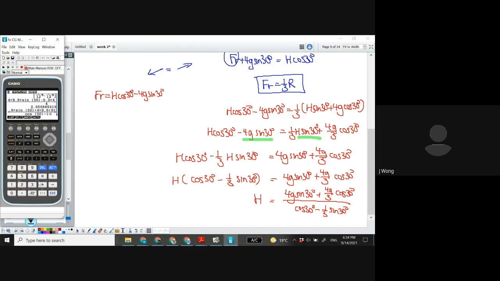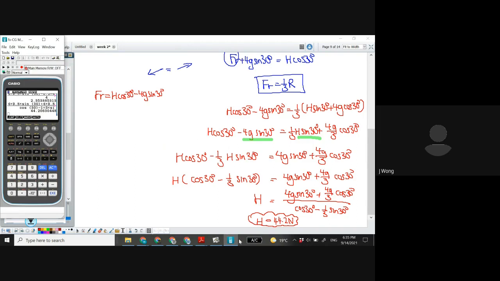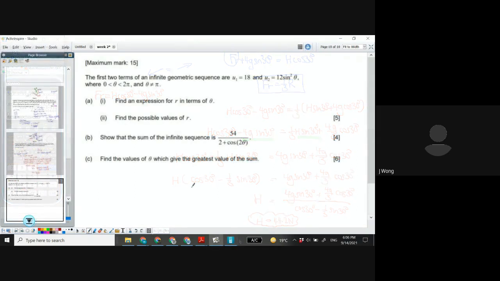Subtract a third of sine 30 degrees. And this is what we get as the horizontal force H. In order to make it balance at equilibrium and the particle, which will be on the point of moving out, then H will be 44.2, or again, you could write it to 44 if you write to 2.